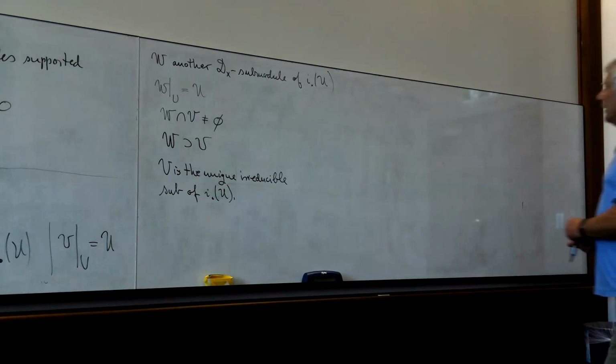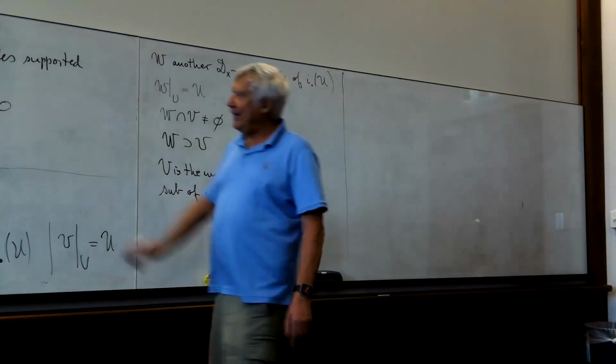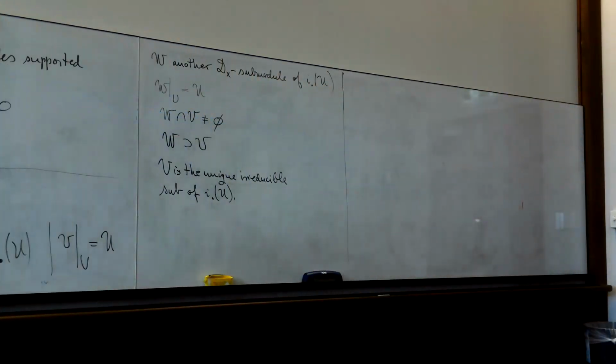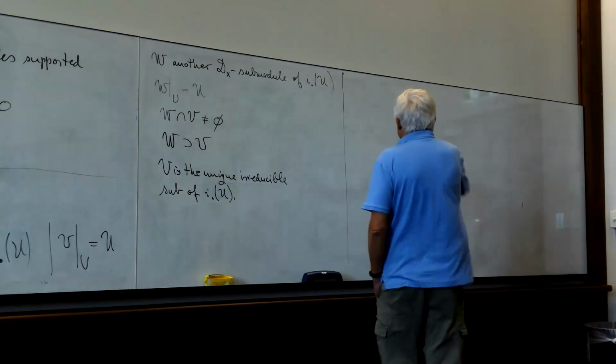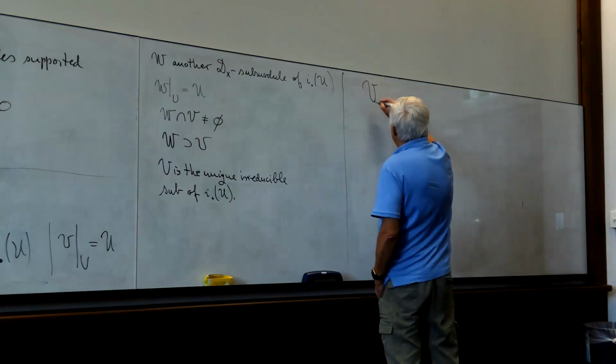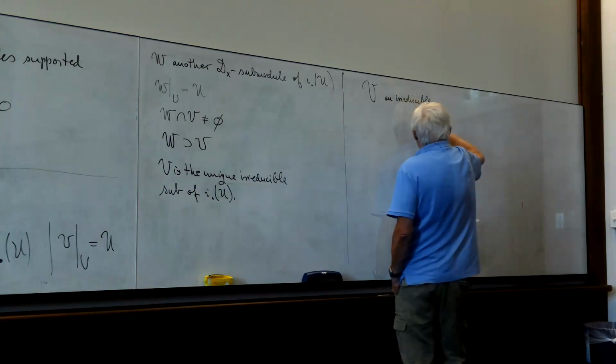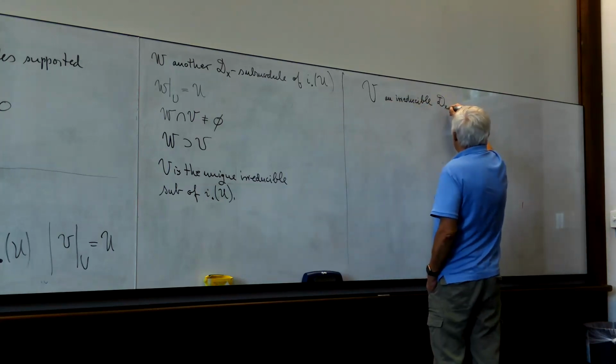So now, assuming this lemma, we can push this a bit further, because let's assume that we have V, which is an irreducible D of X module.